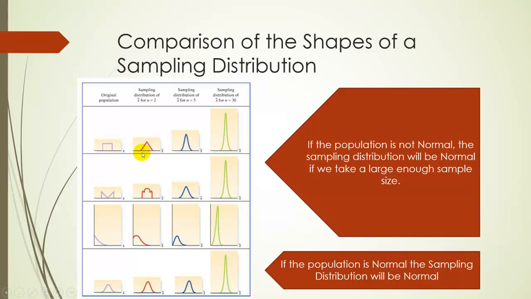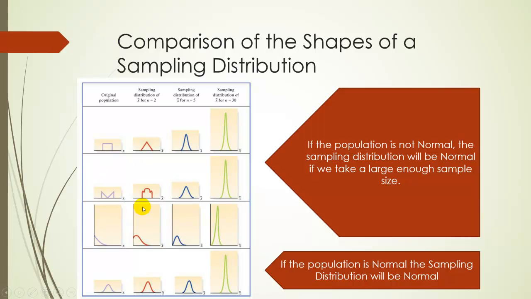Just looking at a sample size of 2, the sampling distribution of X bar starts turning into a triangular distribution. By a sample size of 5, it looks really like a normal distribution. And by a sample size of 30, it's indistinguishable from a normal distribution. And the standard deviation is much smaller.